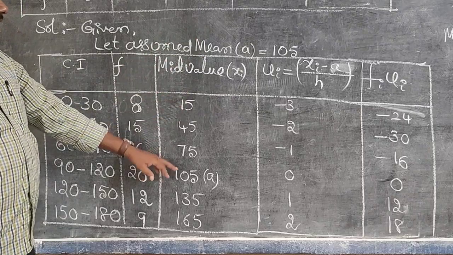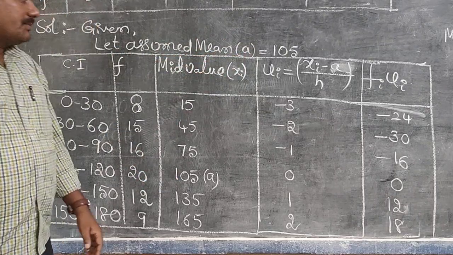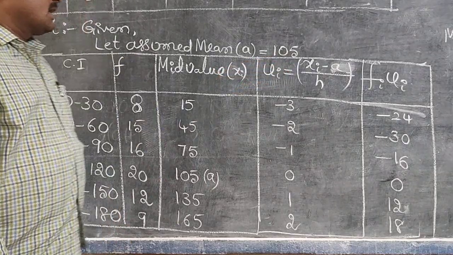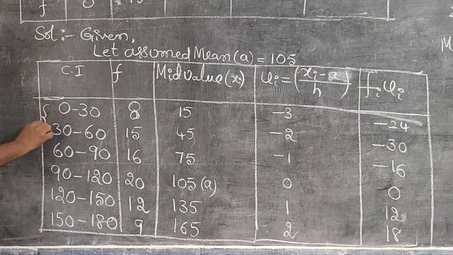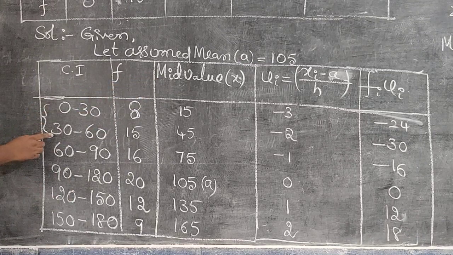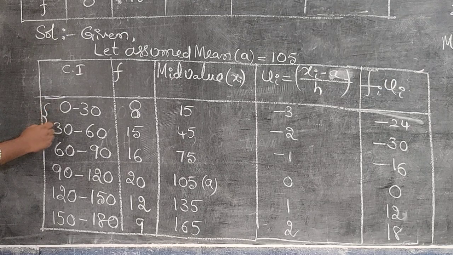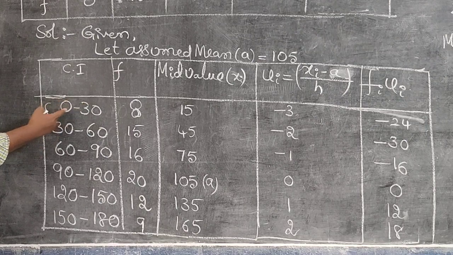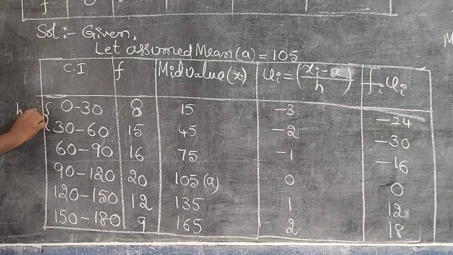Before writing the table, let assumed mean a equal 105. Here h means the height of the class. We know the height of the class equals the difference of lower boundaries, or of upper boundaries, or upper boundary minus lower boundary. So h equals 30 minus 0, which is 30.